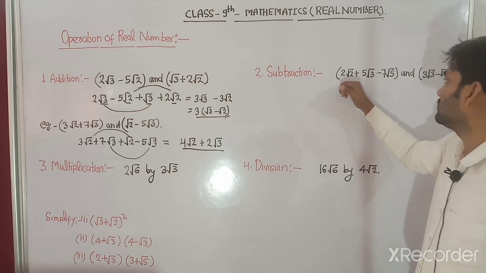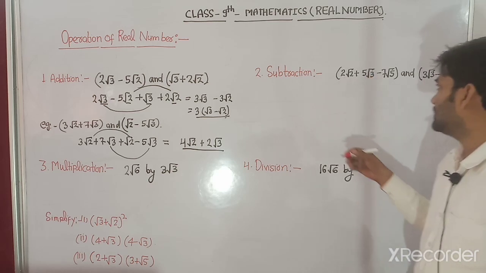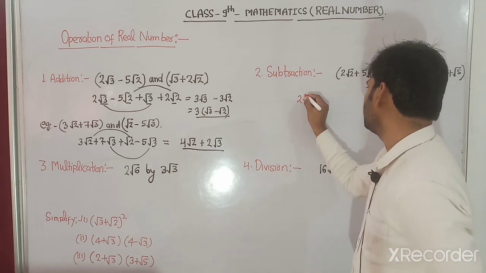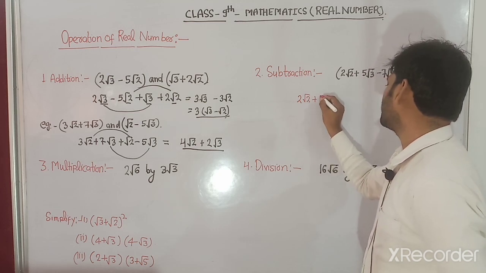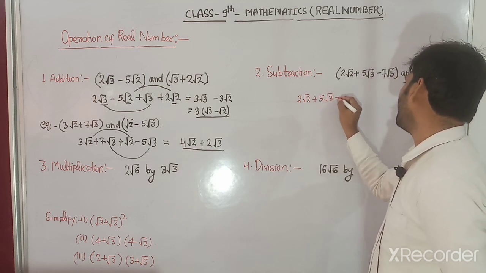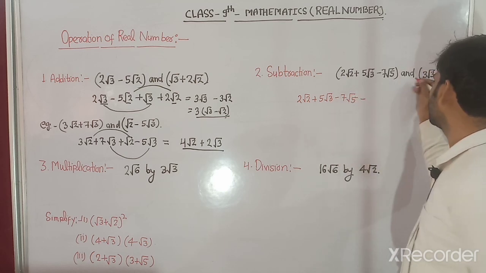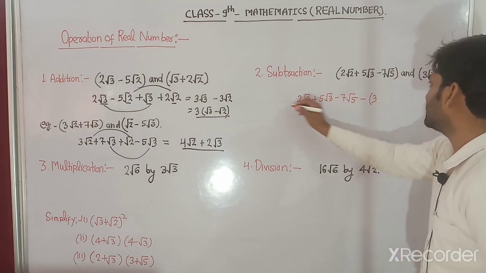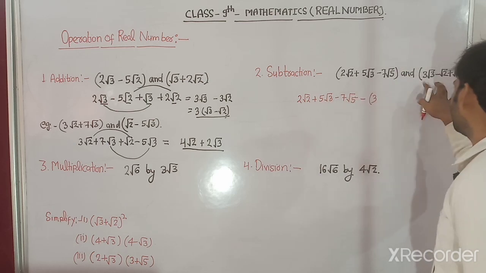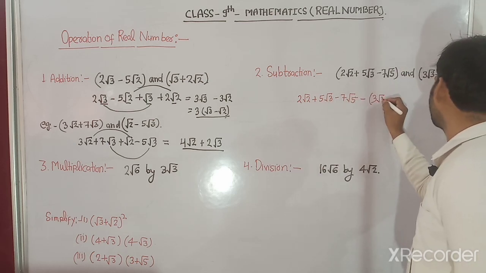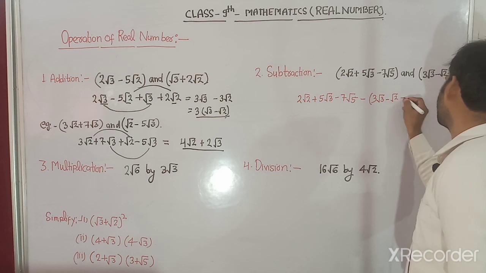Numbers are given: 2 root 2 plus 5 root 3 minus 7 root 5, minus, because both are subtractions. This number is subtracted from this number: 3 root 3 minus root 2 plus root 5.